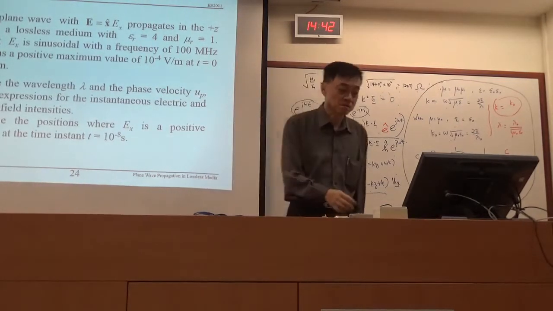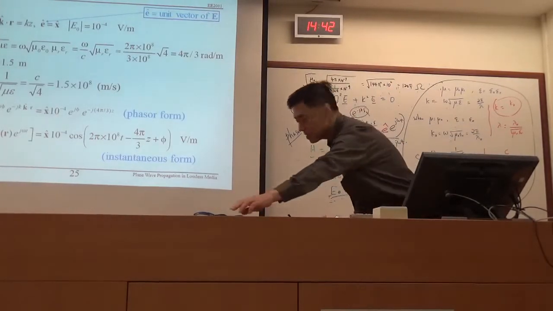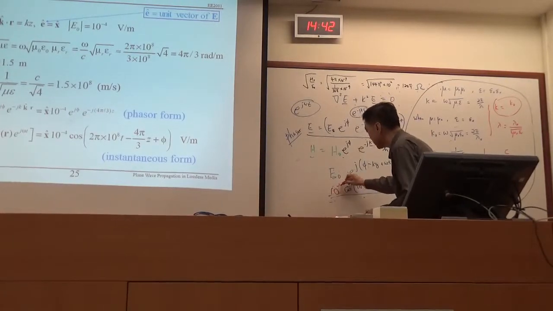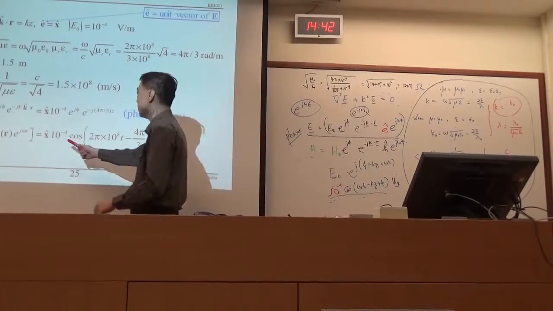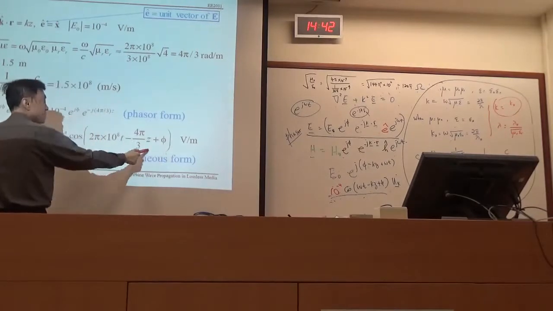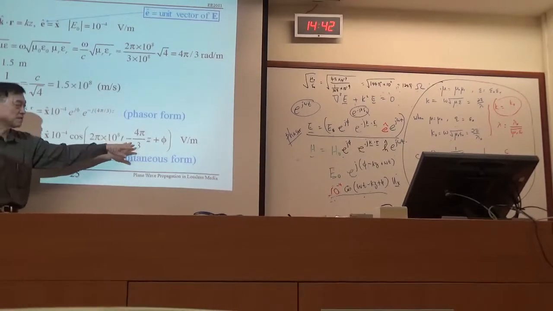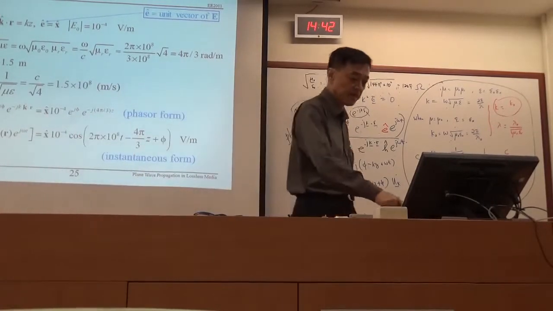Now, if I replace this with 10 to the power minus 4, this is what I have over there. I substitute in my omega and my k.